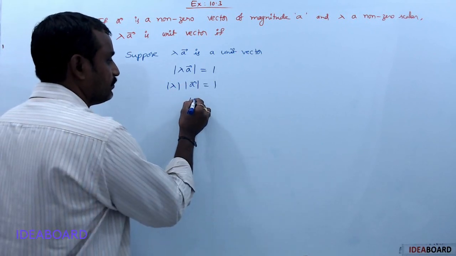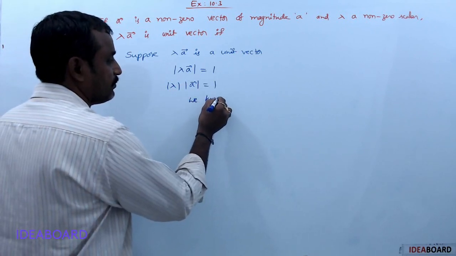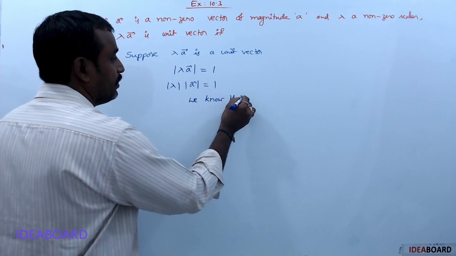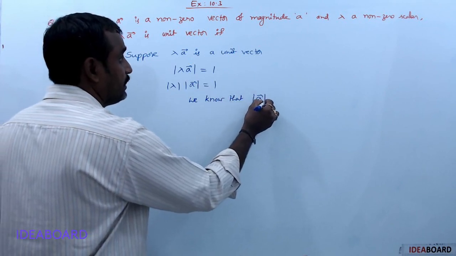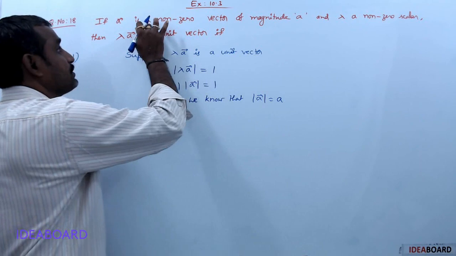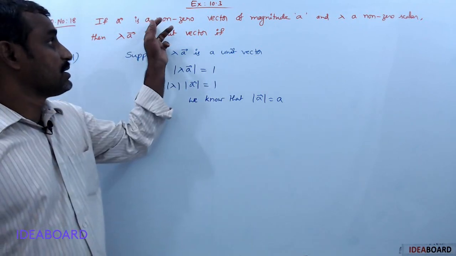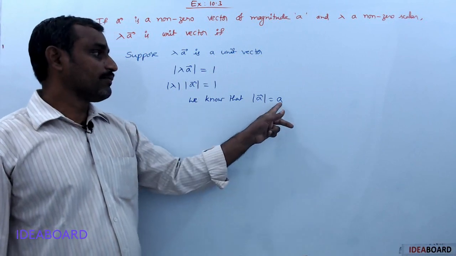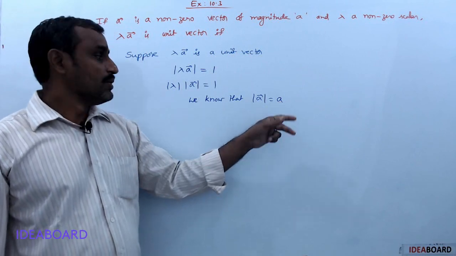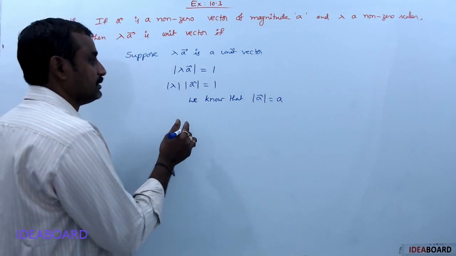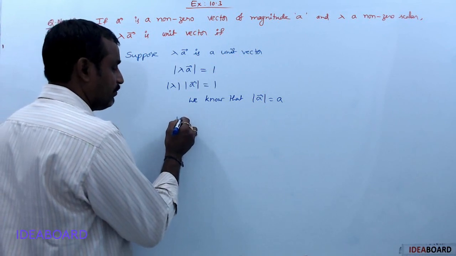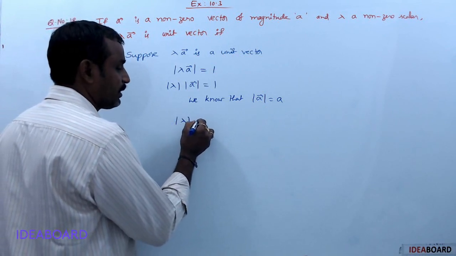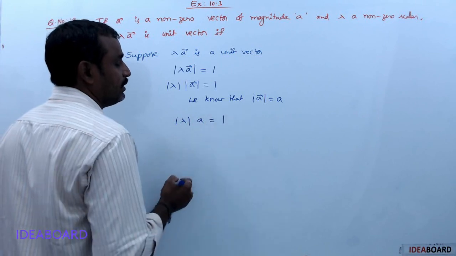We know that magnitude of A bar is equal to A from the question. A bar is a non-zero vector of magnitude A, so magnitude of A bar is A. So now magnitude of lambda times A is equal to 1.